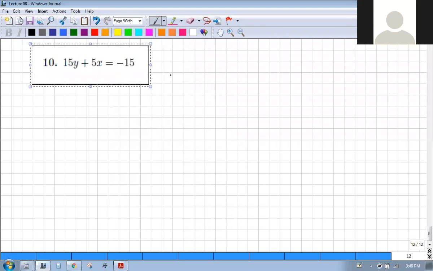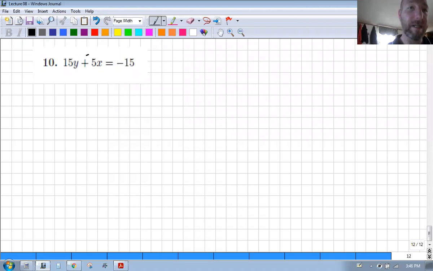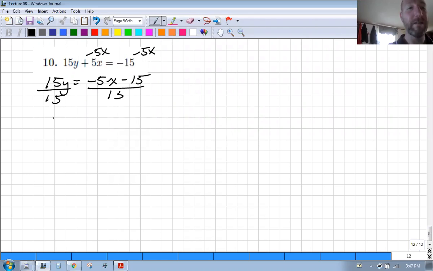All right, to get y by itself, let's take 5x from both sides. So we got 15y equals -5x minus 15. Now we'll just divide both sides by 15. So -5 over 15 would be -1/3, right? I'm going to write it like this. And then -15 over 15 is -1.